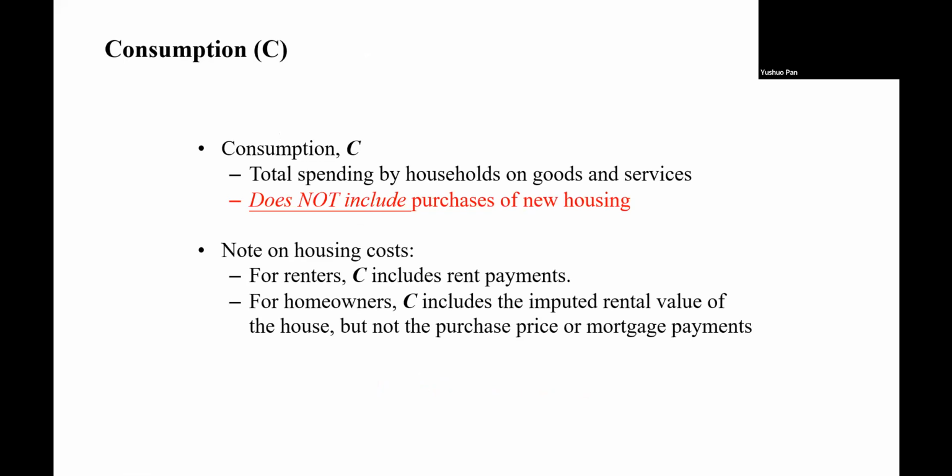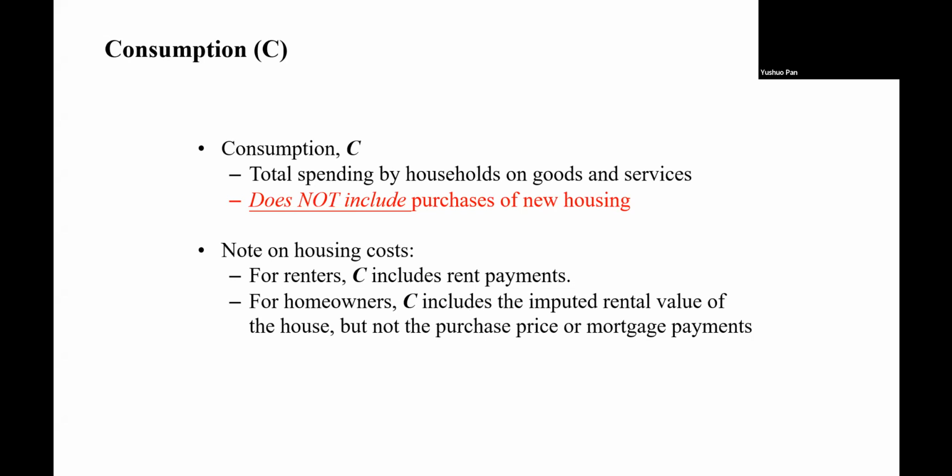Consumption is total spending by households on goods and services. But remember that it doesn't include purchases of new housing. I'm going to explain this later. But please remember, new housing will not be included in consumption. It will be included in GDP, but not in consumption. Now, the note on housing costs: for renters, C includes rent payments, which you can value per month or per quarter.